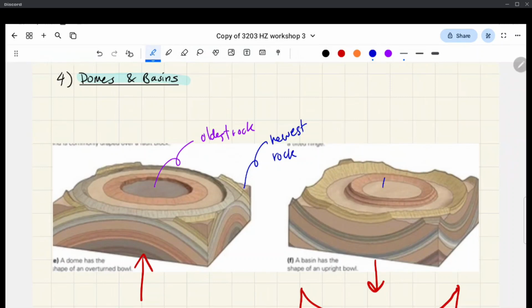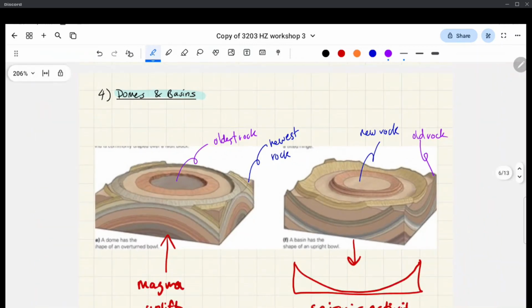And the reverse is true for basins, right? Any questions with that? That's the most significant bit of information for domes and basins, basically.